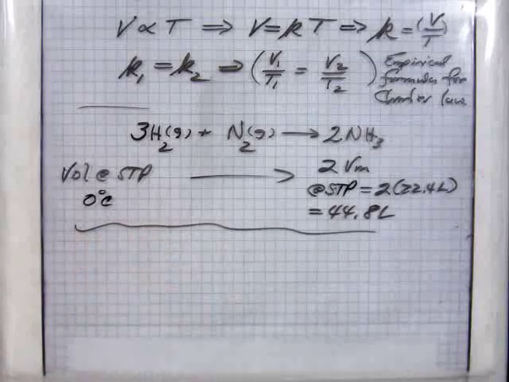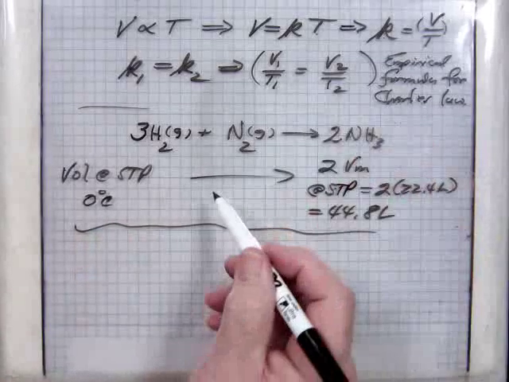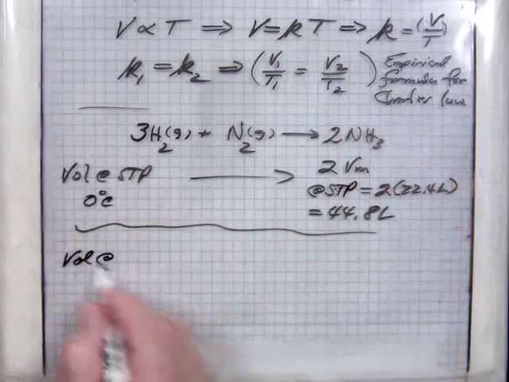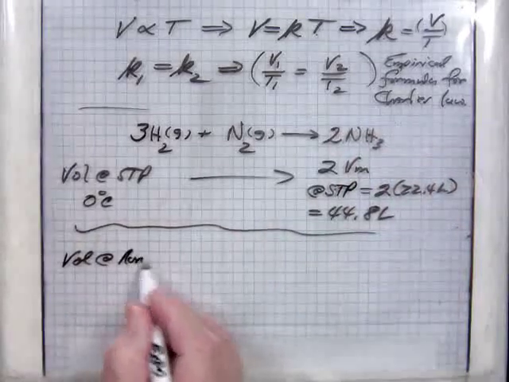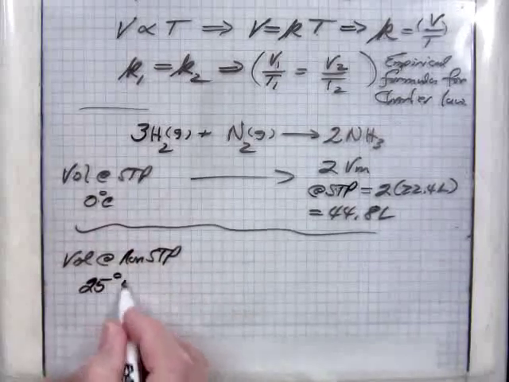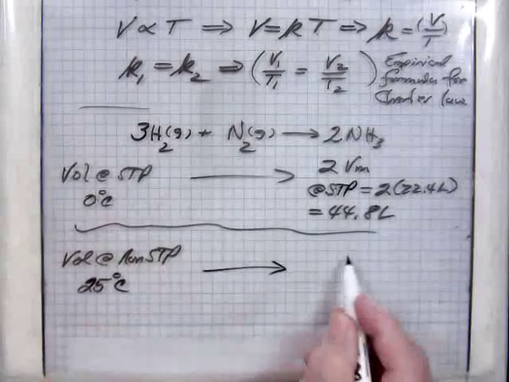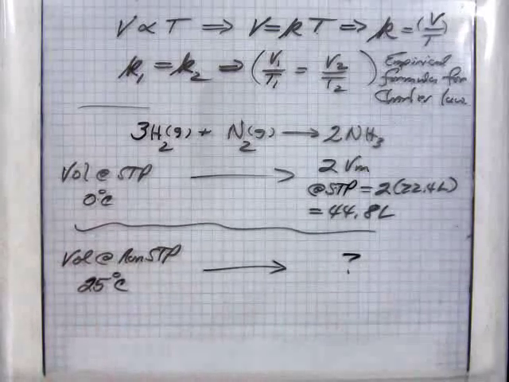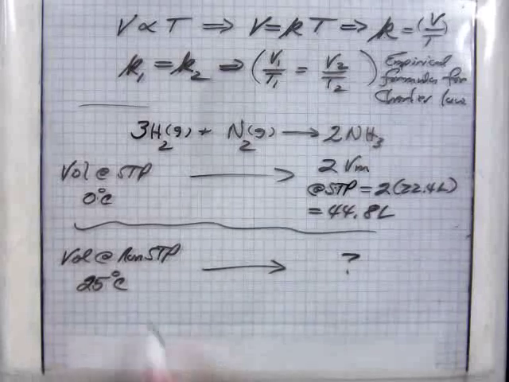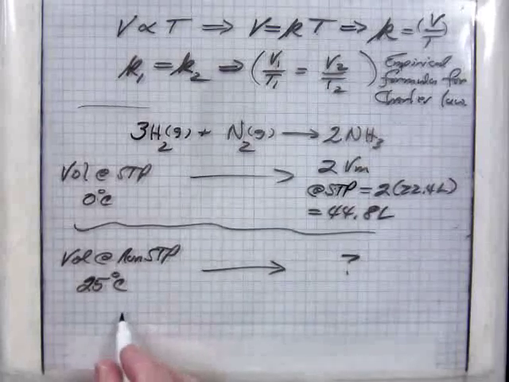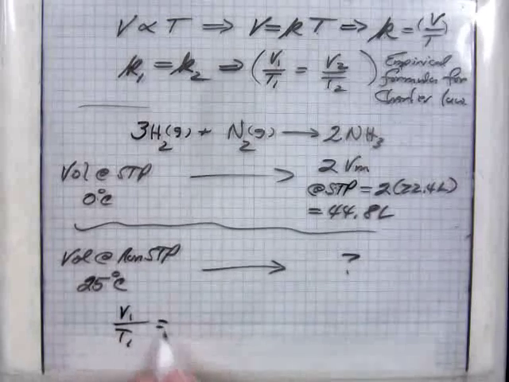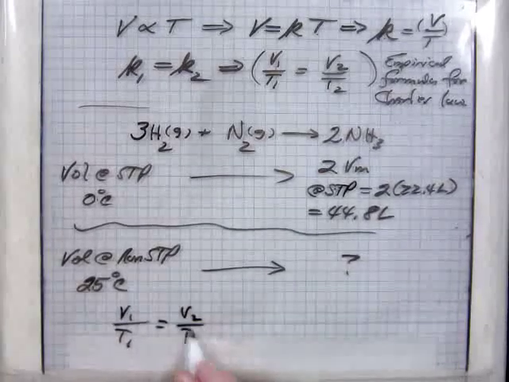All right? Now, it's interested in changing this to volume at non-STP, which is 25 degrees Celsius. What would the volume be? Like that. So we want to look at V1 over T1 equals V2 over T2.